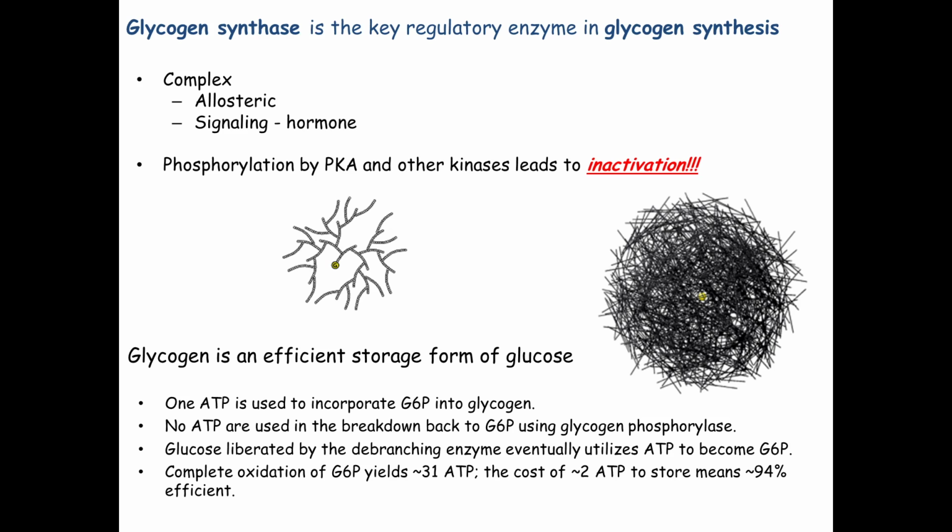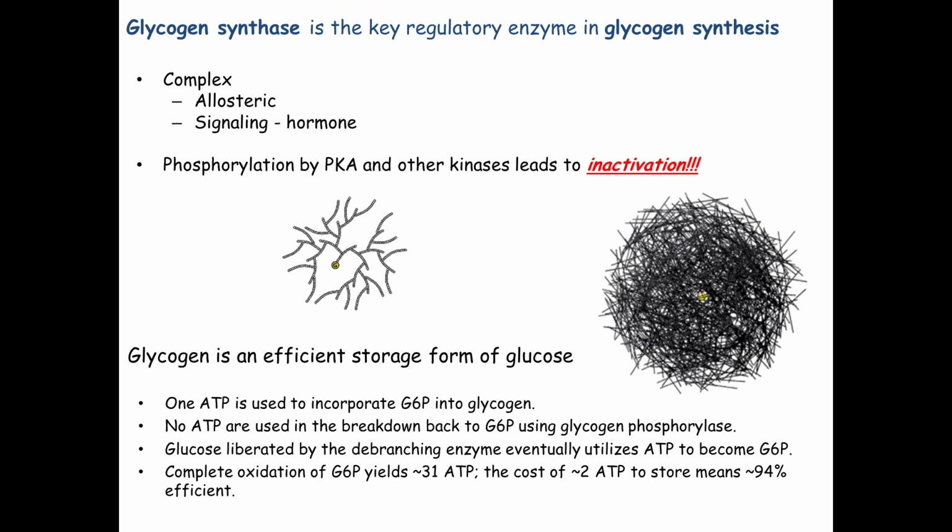If I were to degrade it later, won't I get 1 glucose 6-phosphate back? It doesn't cost me any ATP to do that, so sure. It costs me 1 to put it in, but when I get my molecule back, I don't get just plain old glucose, except for the branch point. I get a glucose 6-phosphate, so it's ready to go into glycolysis, right?